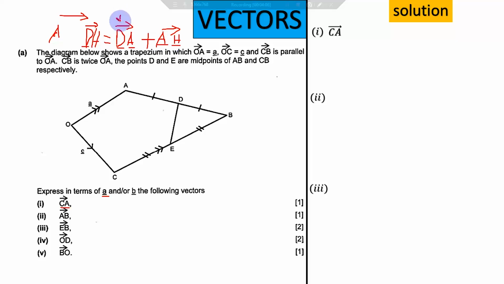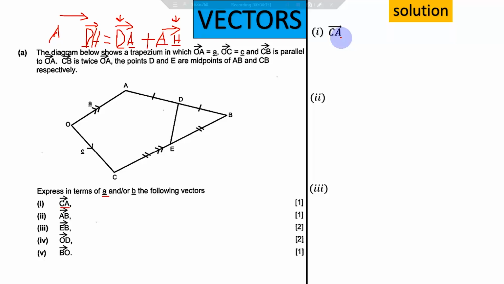The first letter and the last letter are giving us the vector we are trying to find. That is a secret you need to remember. When you're picking directions, make sure your first letter is your starting point, and the last letter of your vector is your ending point. It doesn't matter how many routes you are going to use. Let us start our question.